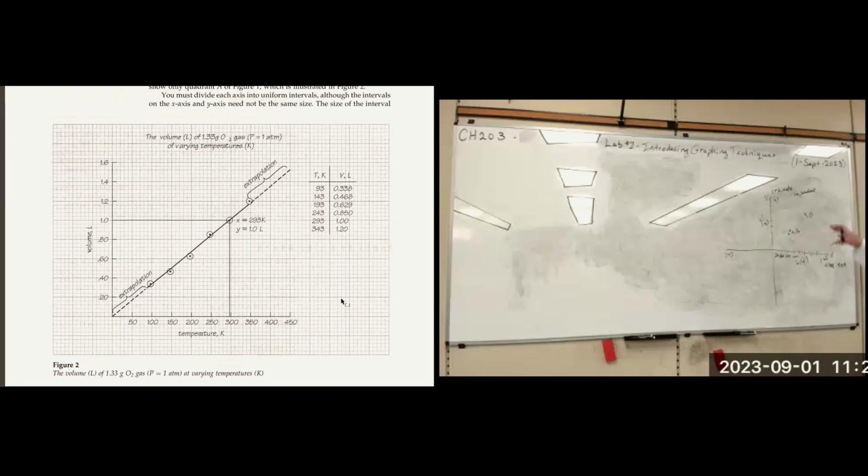And then one other thing you need in your graph, besides labeling the axis and positioning your data in points, and maybe drawing a best fit line, is a title. Every graph must have a title. It's something that describes what is in the graph.